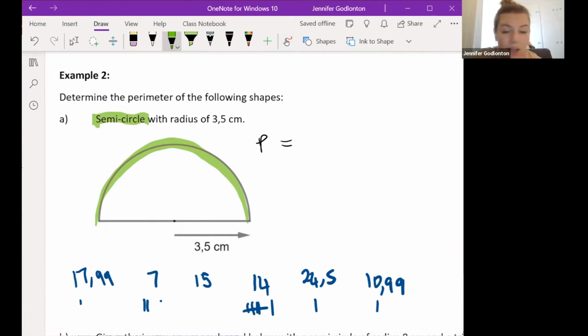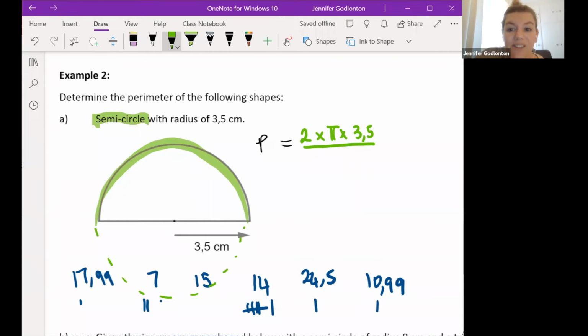Okay, Claw, yes. Pi times r, perfect. When you have a semicircle, we can just say pi times r. If you don't want to remember it as something different, what we're dealing with here is a semicircle, so we've got 2 times pi times r, which we know is 3.5. But it's not a full circle. My circle isn't going all the way around. It's stopping.